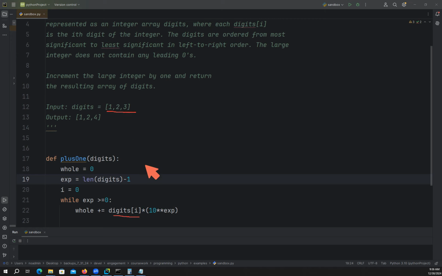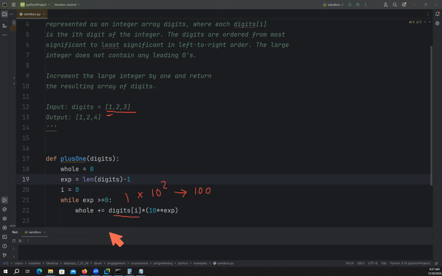Let's look at the case of this number. Let's look at the case of the first iteration. Digits[i] would be 1, the number 1 right here, and then this would be 10 squared. So it would be 1 times 10 squared equaling 100. So in my first iteration, that's what it's going to be for this test case. And that 100 is going to be added to whole. So after that one iteration, whole will be equal to 100.